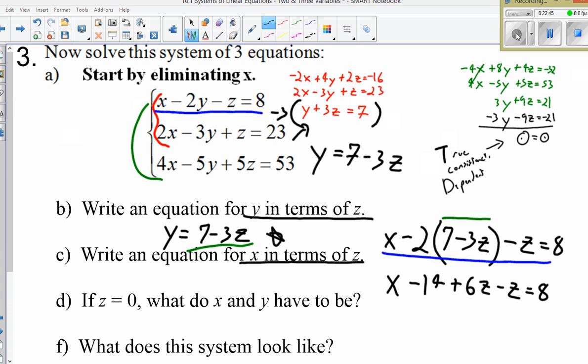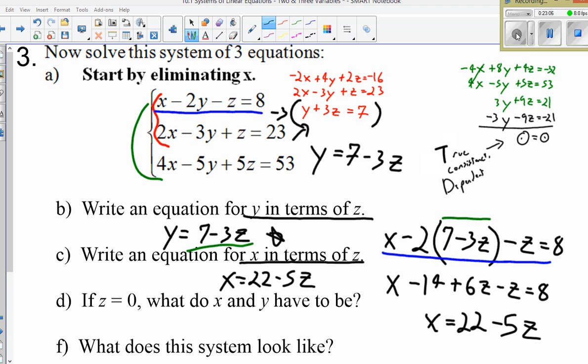And moving some things around, I'm going to get x is equal to 22 minus 5z. So I have x in terms of z, so x is equal to 22 minus 5z.